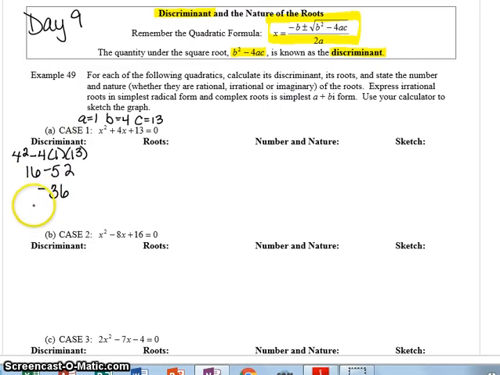Okay? Anytime there is a negative number, you know that it's going to be imaginary. Okay? Because it should make sense. Because the discriminant is the part underneath the radical. If you have a negative underneath the radical, there's going to be 2 imaginary roots.